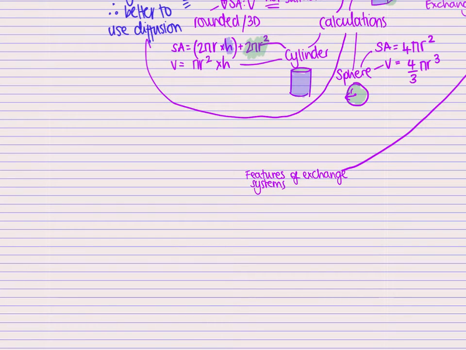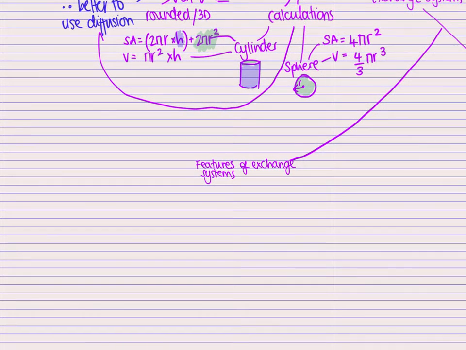So the first features of exchange systems, we're going to start again by looking at those unicellular organisms. And a reminder, I'm still talking about prokaryotic cells, things like bacteria, maybe some fungi, but mostly we're just going to talk about bacteria.